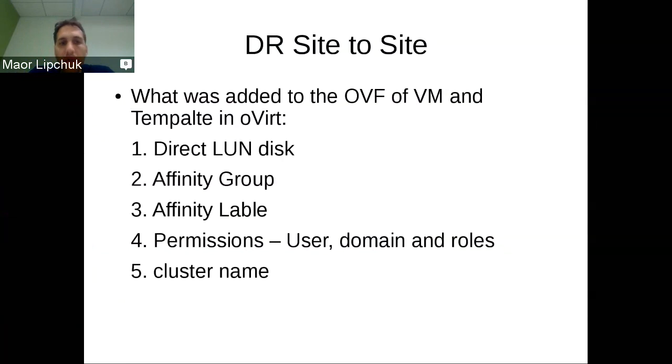Until this change, a user registered the VM and picked the cluster that he wants this VM to be registered to, but there were a lot of missing properties that were not registered as part of this VM. And now the user actually gained a lot of functionality that is being added to the OVF. So, as I said, permissions, cluster name, affinity, and so on.